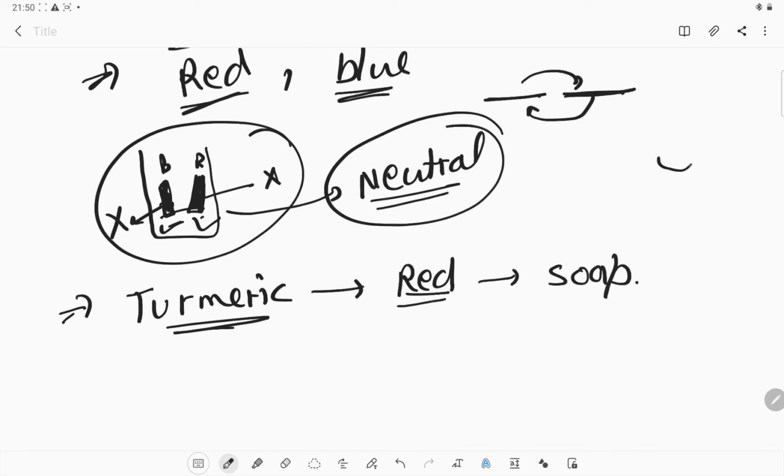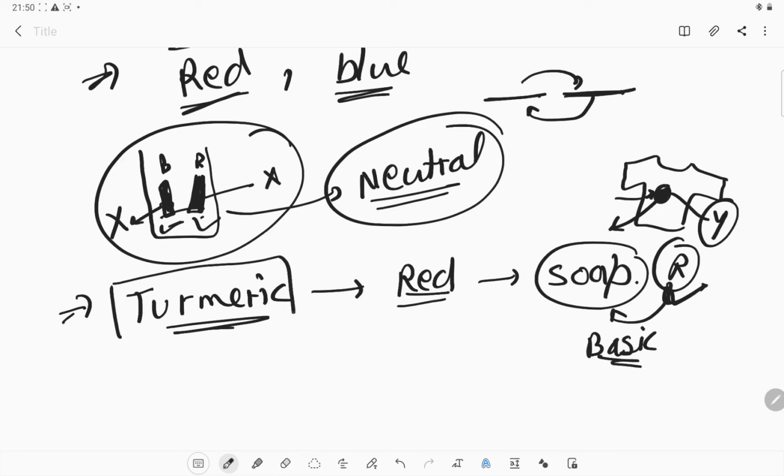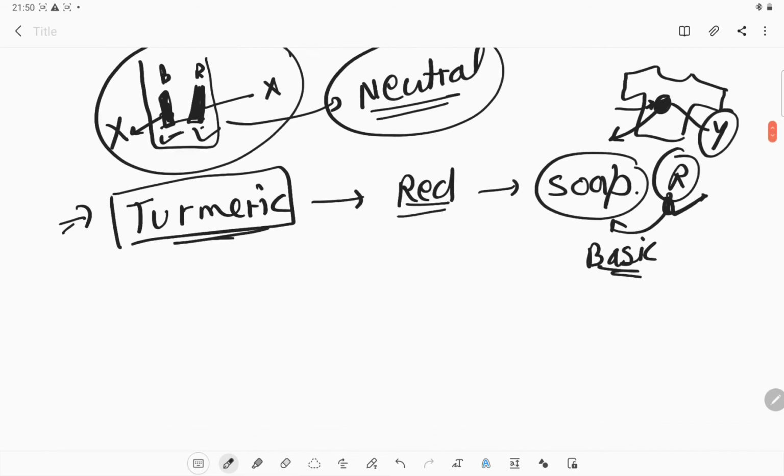If there is a mark of food on our t-shirt, it is first yellow in color, but whenever you apply soap on it, it becomes red. That red color indicates that the soap is basic in nature. This is how we can use turmeric as an indicator.